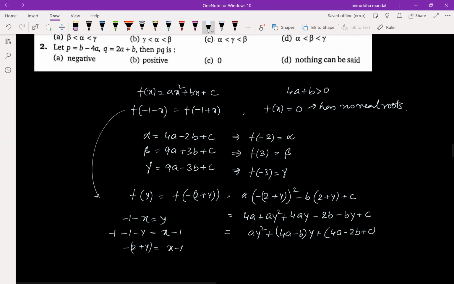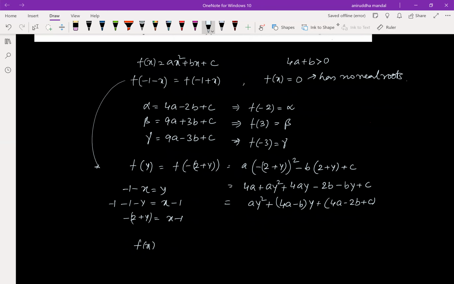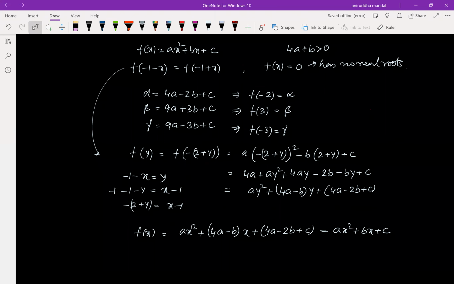So this is f(y). So f(x) is ax square plus 4a minus b times x plus 4a minus 2b plus c. Okay, and it is given f(x) as ax square plus bx plus c, so this thing will get cancelled.